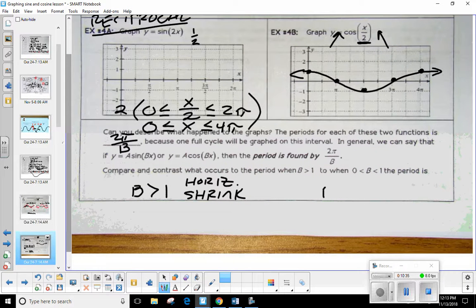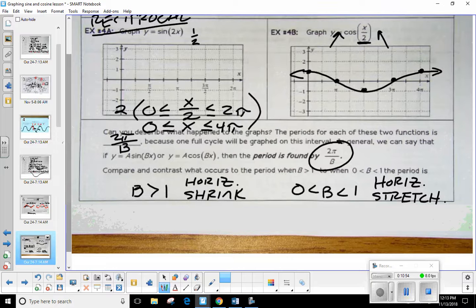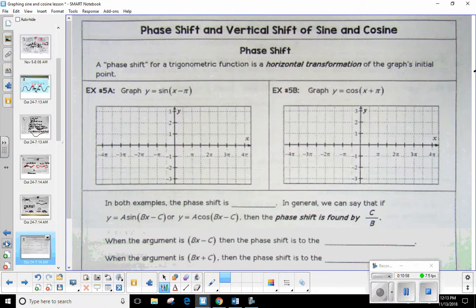What if b is less than 1 but greater than 0? Horizontal stretch. There we go. Good. So when you think period, what's the period? What's the part that repeats over and over? Here's your formula, 2 pi over b. Okay. All right, let's try another one. Oh, sorry.